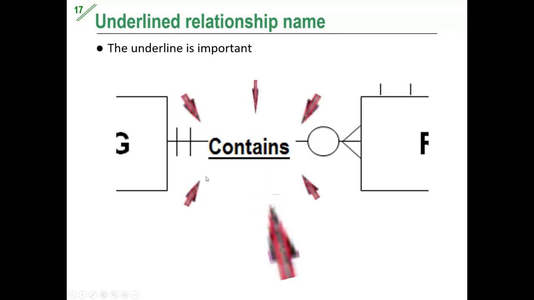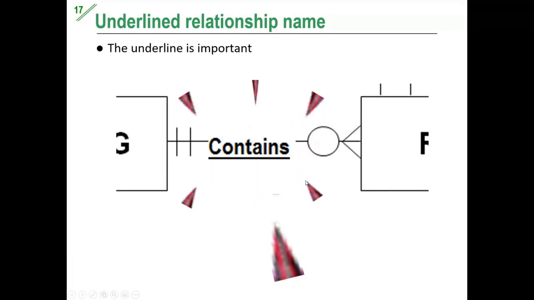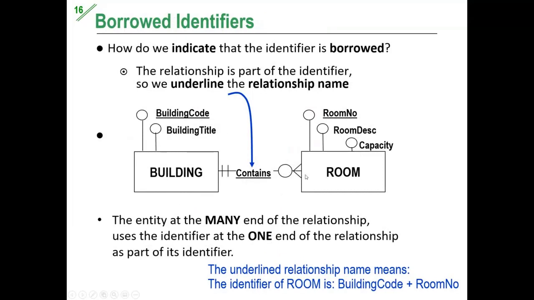So Chanel, you have a question: so the building code becomes the foreign key? Yes, that's right, very good question. In this case, building code is a part of the primary key as well as a foreign key.